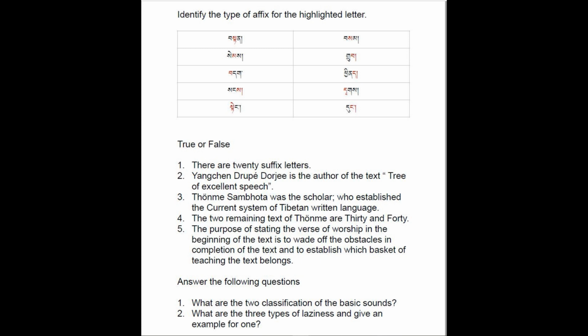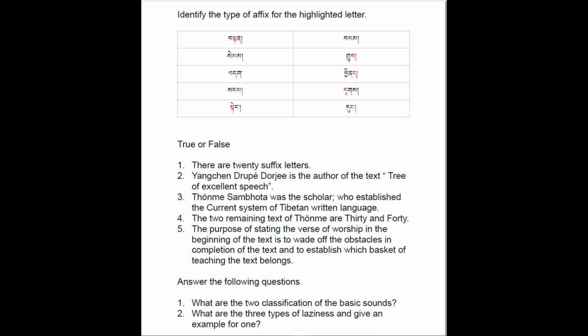Thonmi Sambhota is the one who wrote the actual text, the root text. Yangchen Dorje wrote a commentary to that text, which we are studying, known as the Tree of Excellent Speech. Thonmi Sambhota wrote the main text or source text, which is the Thirty. He is also the one who created the current system of Tibetan writing that we're learning.